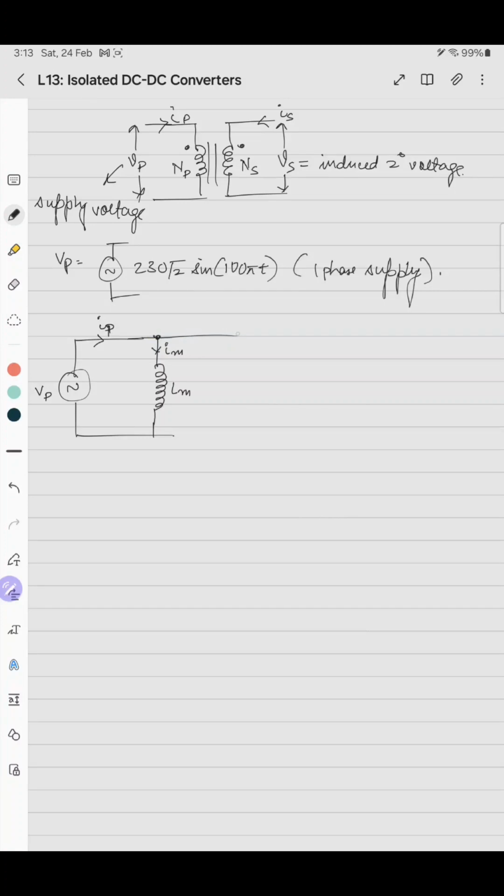Then further, the other components are, here you can write Rm. This is the magnetizing current.